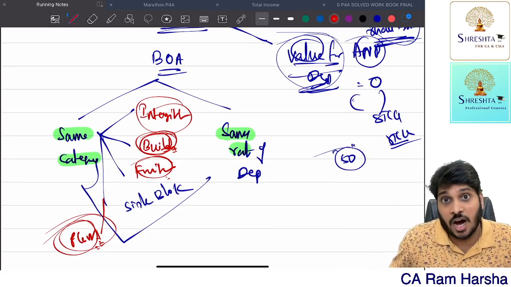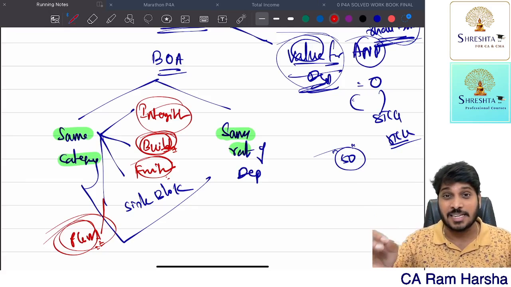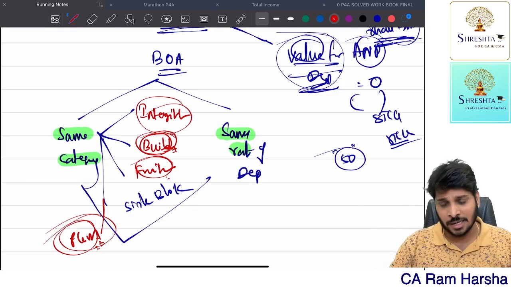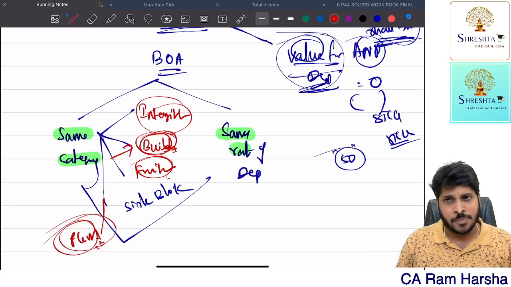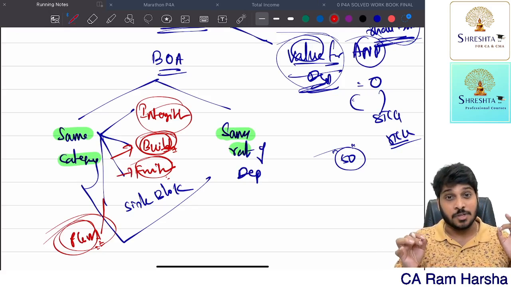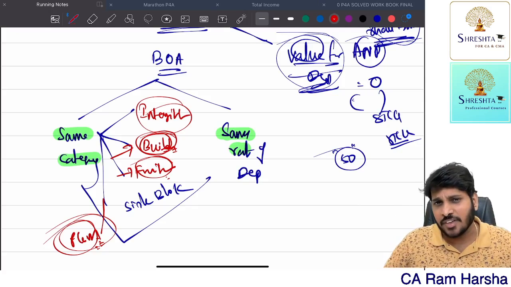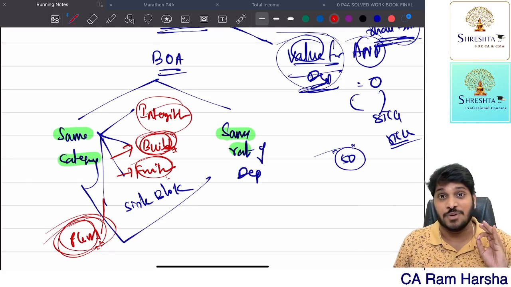If you purchase a vehicle, car, that is also plant and machinery only. So in income tax, assets are broadly classified into 4 categories. Immovable properties come under building. Decorative items and all come under furniture. Any other item which is not an intangible, not a building, not a furniture, any other item you purchase, it's plant and machinery.